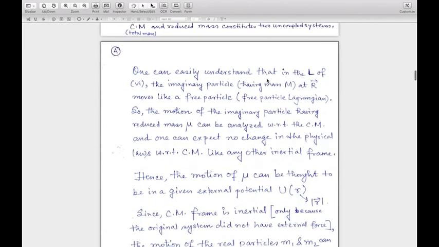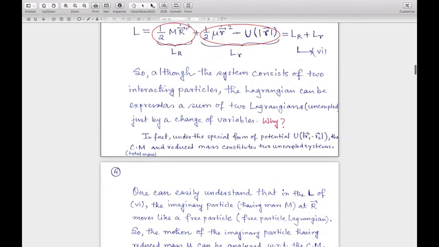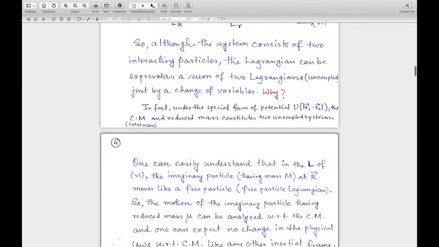Now one can easily understand that the first term, the kinetic energy term, which is the Lagrangian for the center of mass, is nothing but the Lagrangian of a free particle. If you remember, only for a free particle does the Lagrangian contain just the term half m v square.